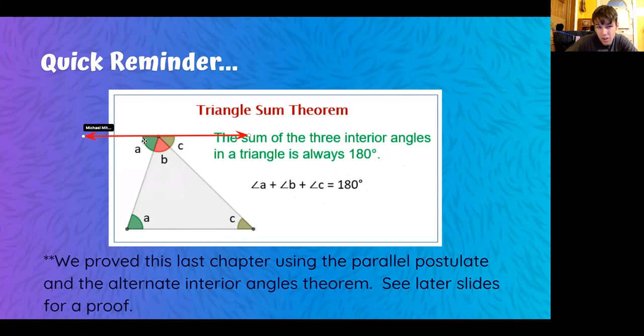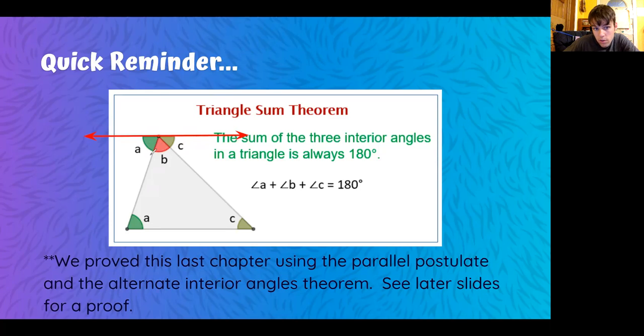We know these always have to add up to 180 because that's the definition of a straight line or a straight angle. And then using alternate interior angles, it's easy for us to see that angle A is the same as that one. Angle B, that's part of our triangle right there. And then angle C, this would be the same as this one, again, by alternate interior angles.